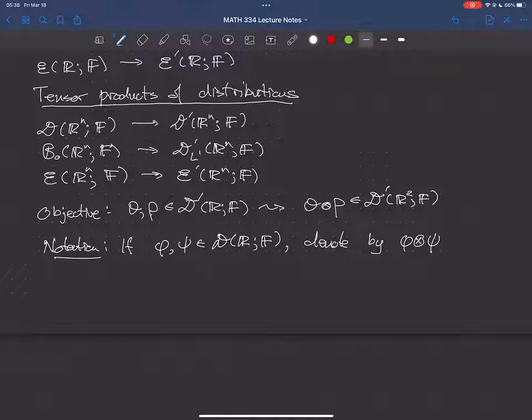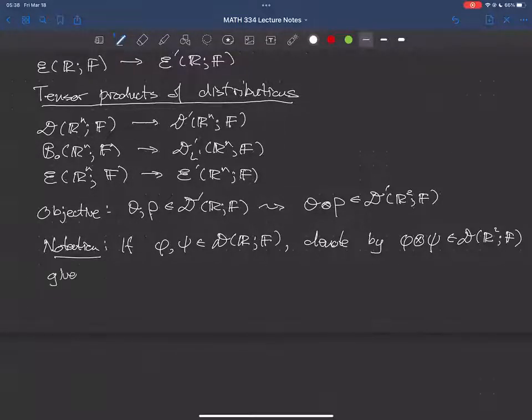We're going to write phi tensor psi, a test signal in two variables, with the obvious definition that phi tensor psi of s and t is phi of s times psi of t. This is clearly infinitely differentiable, and it also pretty clearly has compact support.